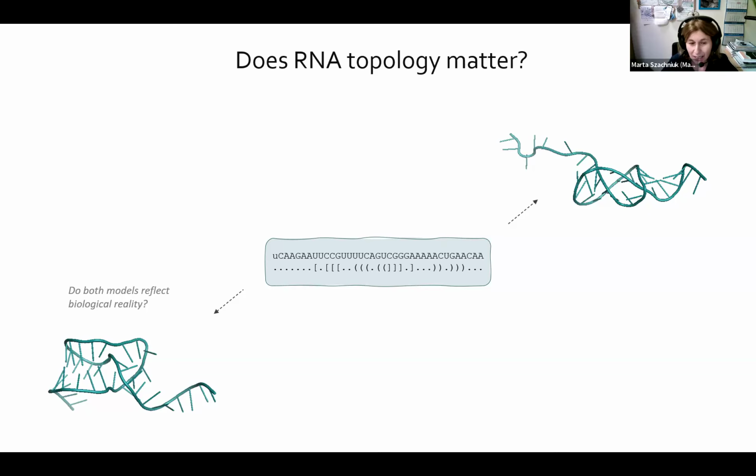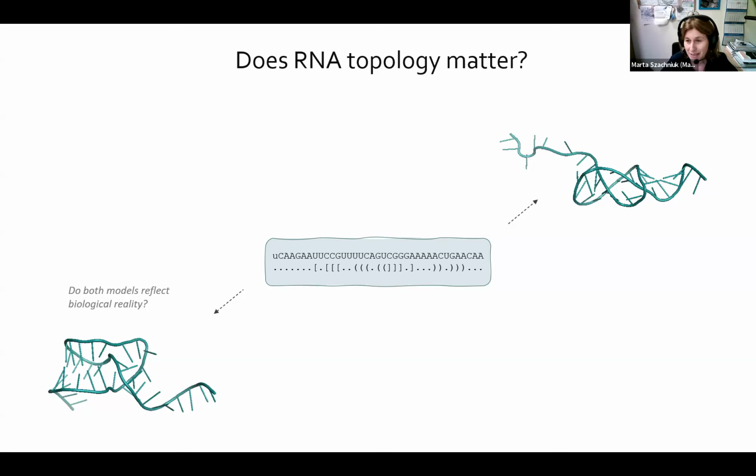So, can anybody say that one of these models is correct and the other is not? And can we somehow assess whether one of them is biological reality, is possible in nature or not?